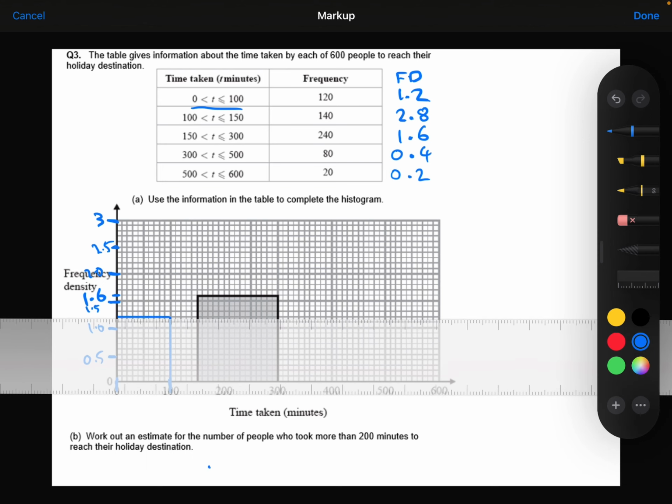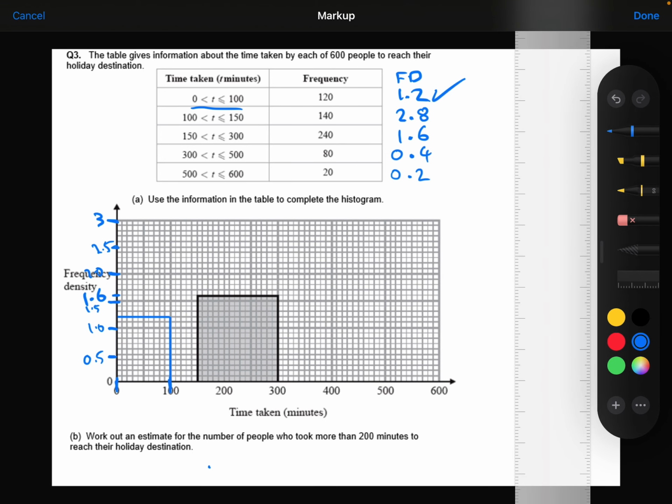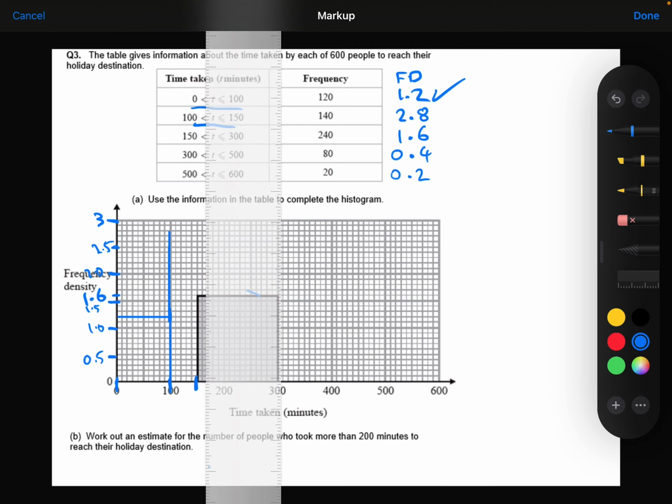Right, next, between 100 and 150, so that's this next bar, the frequency density was 2.8. So we need to go all the way to 2.8 now. That's 2.5, 2.6, 2.7, 2.8 is there.